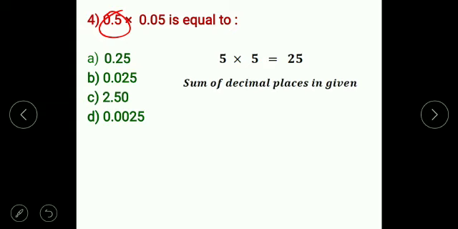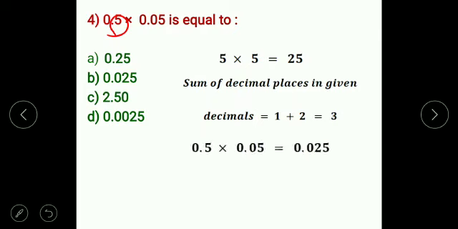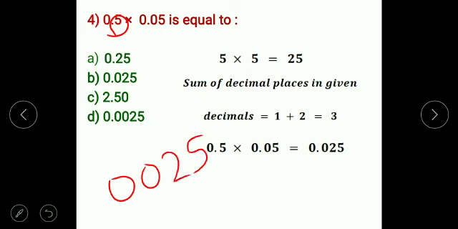So now the sum of the decimal places in the given decimals is equal to how many digits after this decimal point? 1, right? How many digits after this decimal point? 2. So your decimal places, how much here? 1 plus 2, 3. But here the given answer is 25, correct? So 25 you can write 0025. So here the sum of the decimal places in the given decimals is equal to 3.